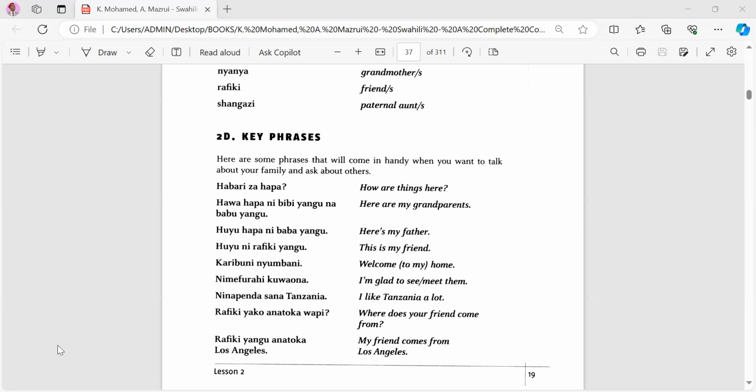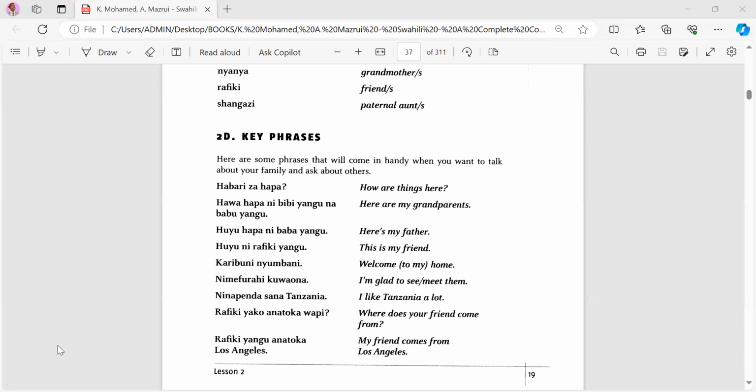Then he mentioned bibi yangu, grandmother, and babu yangu, grandfather. But in English they combine them as grandparents, which makes it plural. But huyu hapa ni baba yangu becomes here is my father, in singular.